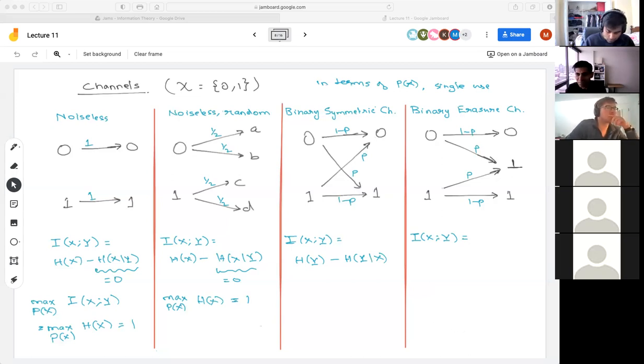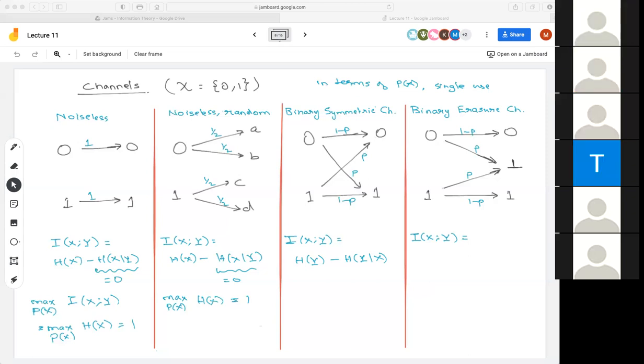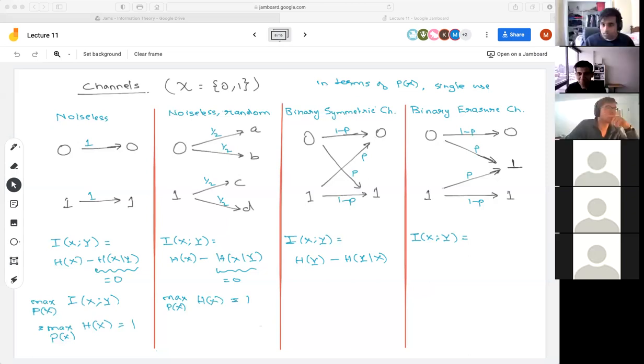Max? I suppose the difference here to the exercises, we were given a distribution for x. Yeah, so that's the maximum entropy distribution, or the maximum information distribution. That's fair. So you can assume a distribution for x if you like.